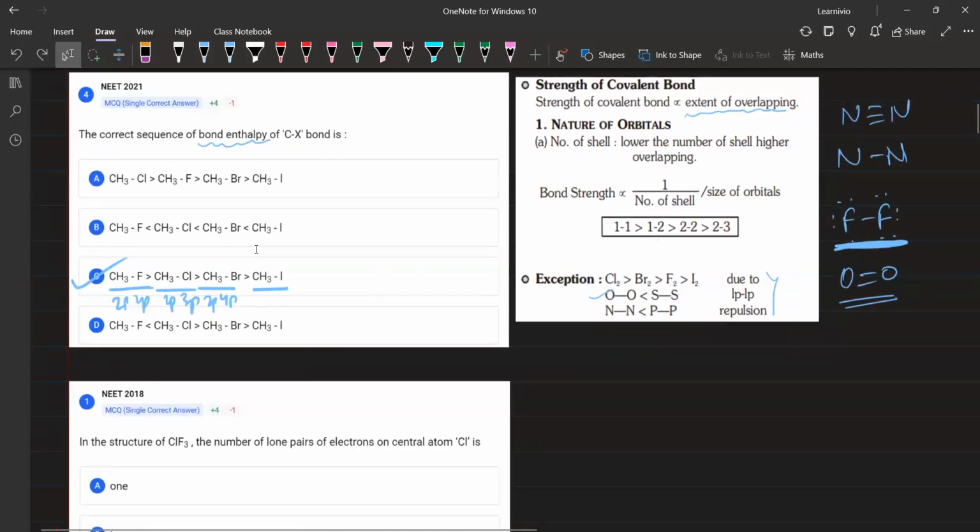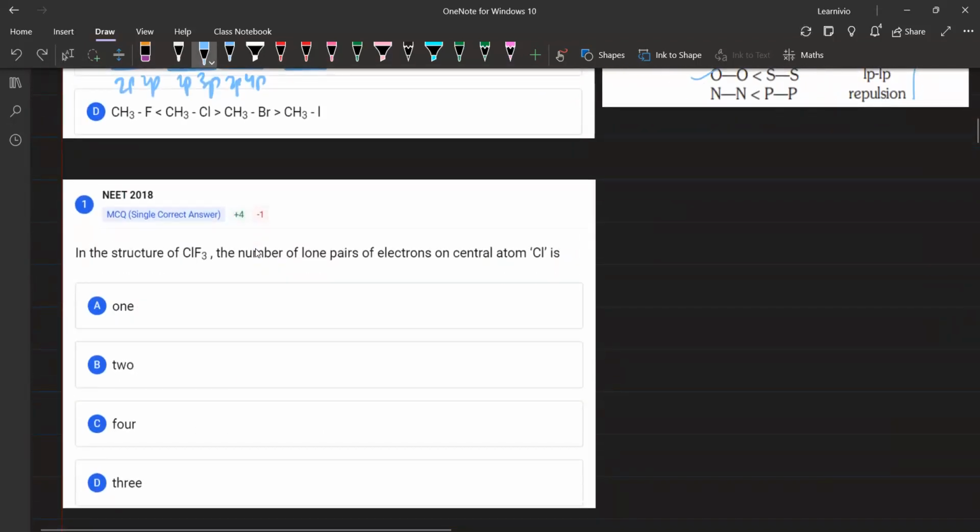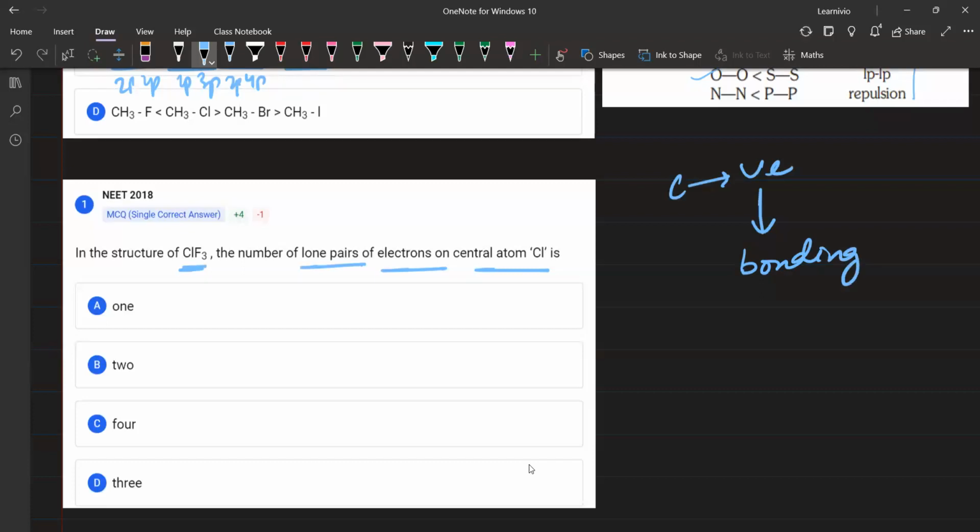चलिए moving on. Should I revise this? अच्छा ये तो हो जाएगा. ClF3 the number of lone pair electrons on the central atom of Cl will be how much? सबसे पहले देखिए क्लोरीन में वैलेंस इलेक्ट्रॉन कितने हैं. वैलेंस इलेक्ट्रॉन से कितने इलेक्ट्रॉन यूज हो रहे बॉन्डिंग में, और जो रेस्ट होंगे तो 2 से डिवाइड कर दीजिए, you will get the lone pair. How many valence electrons are there in chlorine, and see how many of them are taking part in bond formation, then whatever is remaining divide that by 2.